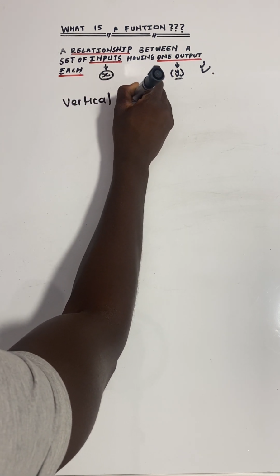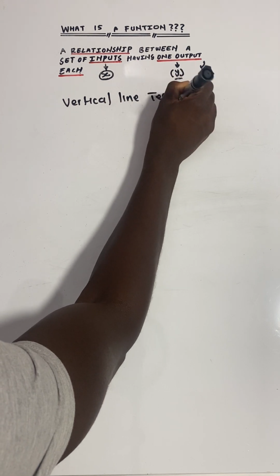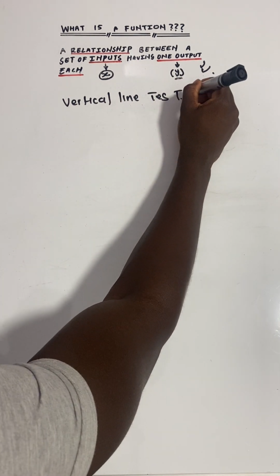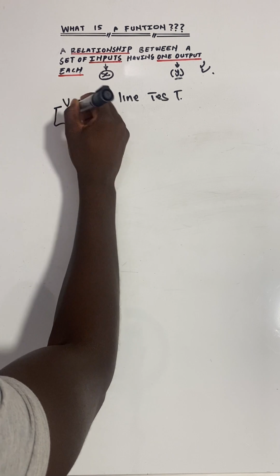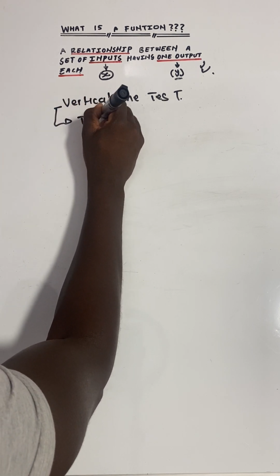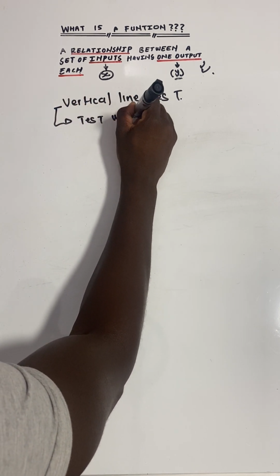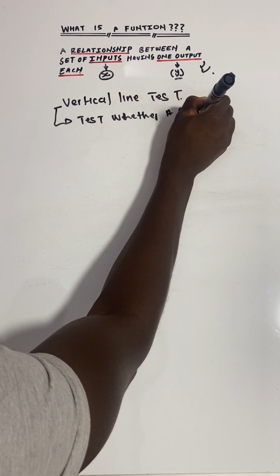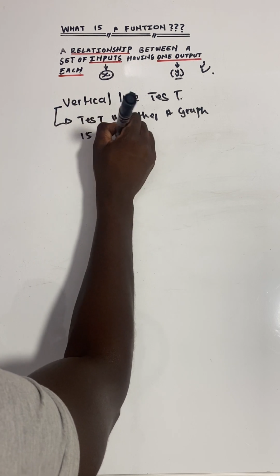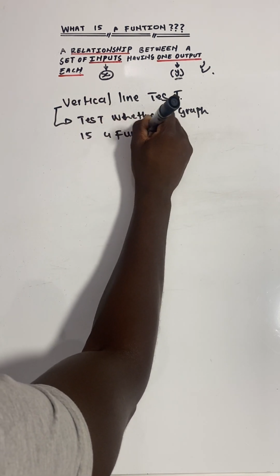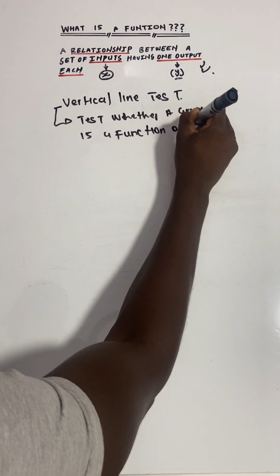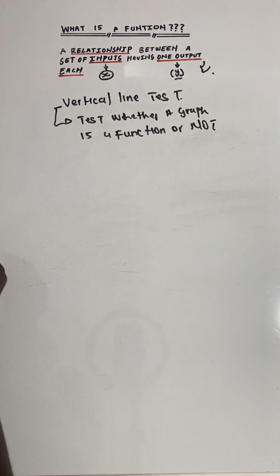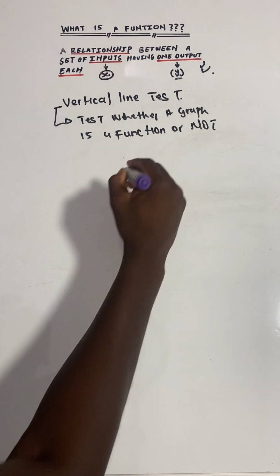We use a vertical line test to test whether a graph is a function or not. So let me throw up the Cartesian plane here.